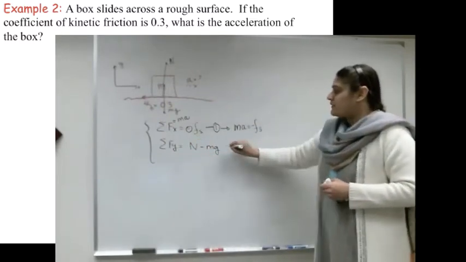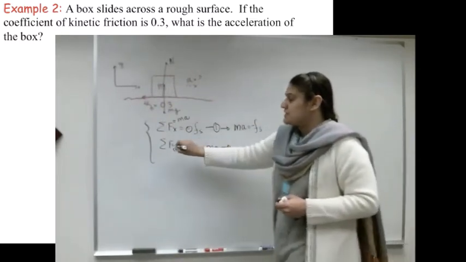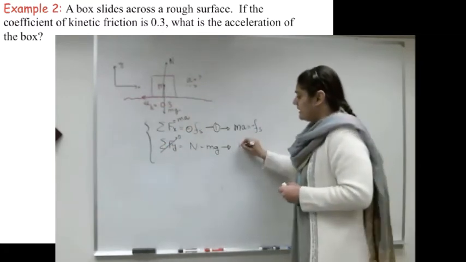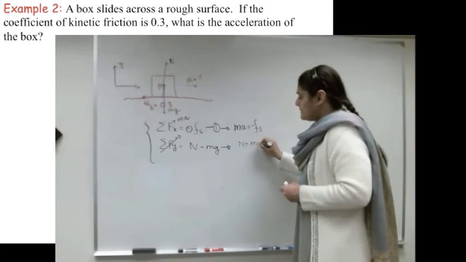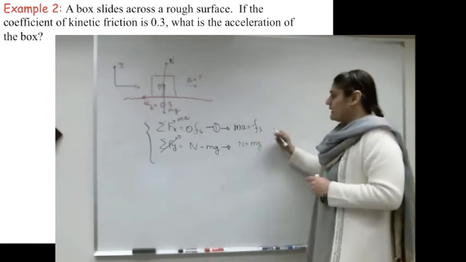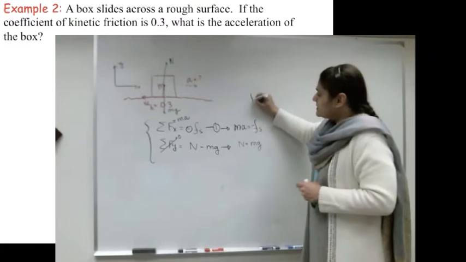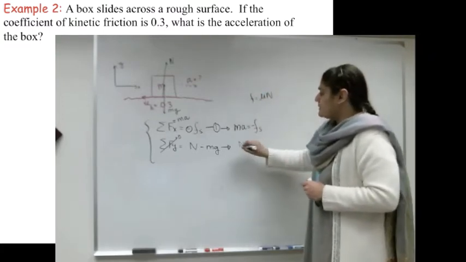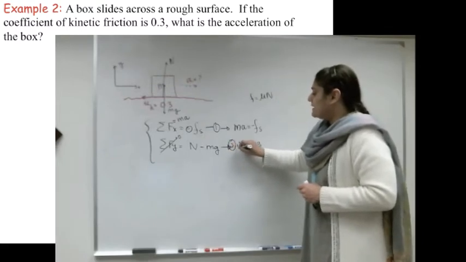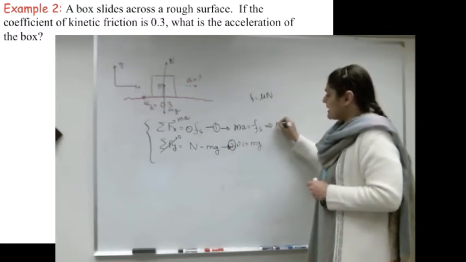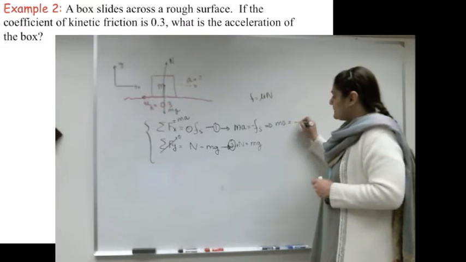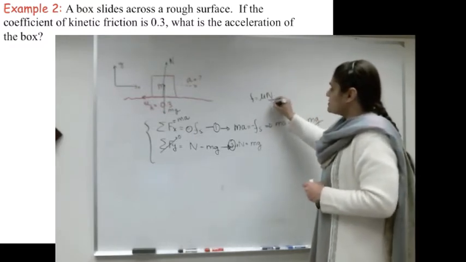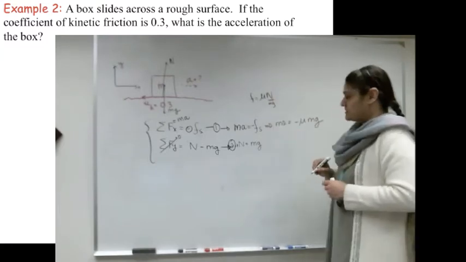From equation 2, since there is no motion along the y-axis, I can simply write N equals mg. Now, what do I know about the frictional force? I know it is equal to mu times N. So from equation number 2, I can rewrite this expression as ma equals minus mu mg, since N was equal to mg from equation 2.